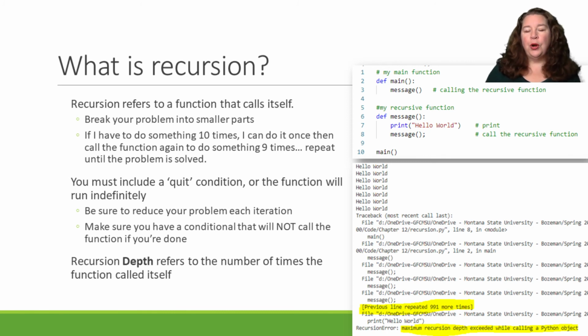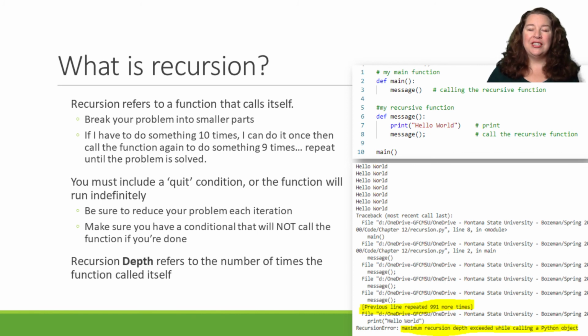The important parts about recursion are including a base case, or a case that doesn't need recursion to solve it. So if I had 2 cards and I wanted to know which one was the larger of the 2 cards, I don't need recursion to solve that. I can just look at the 2 cards and move on. So that would be called your base case when you're down to just the last 2 cards.